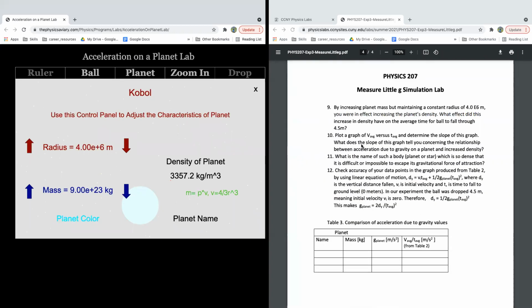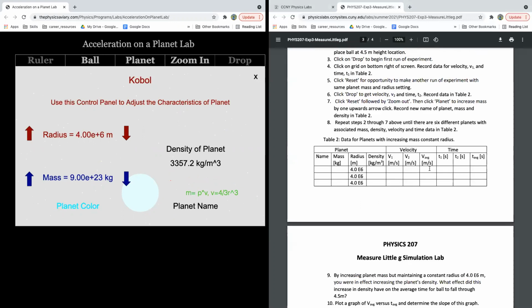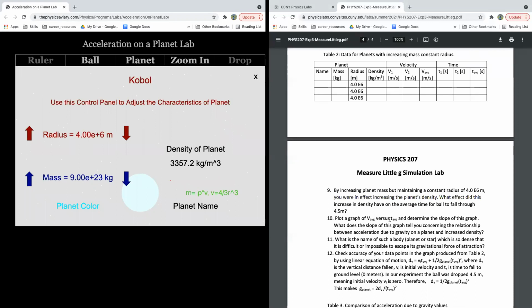Okay, next one, plot the graph V average versus T average. Determine the slope of this graph. When we do the average, I want to remind you guys, you basically get 1 point. How do you do that? You just make an initial point of 0, 0.